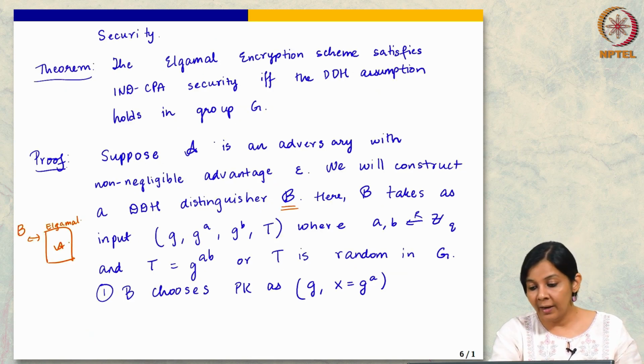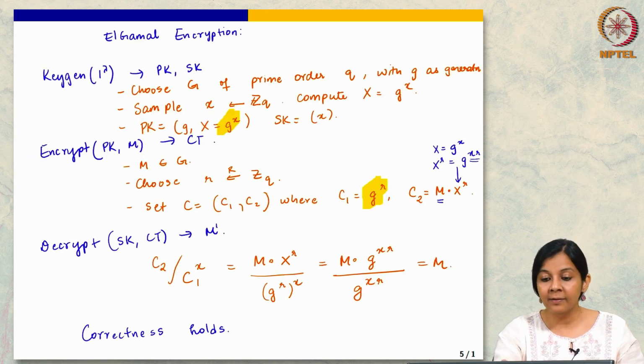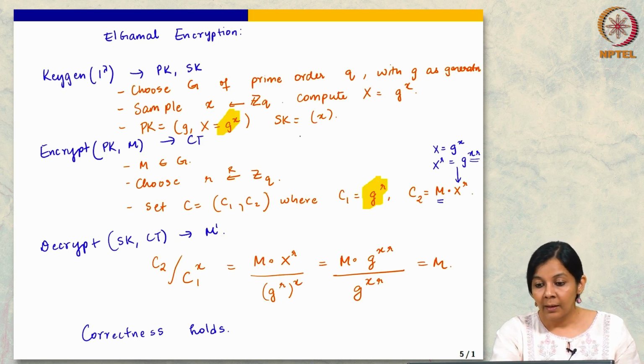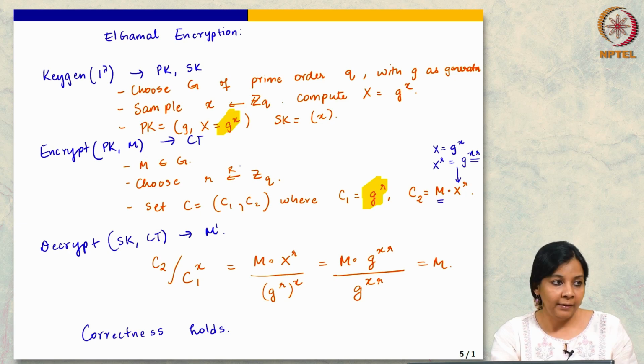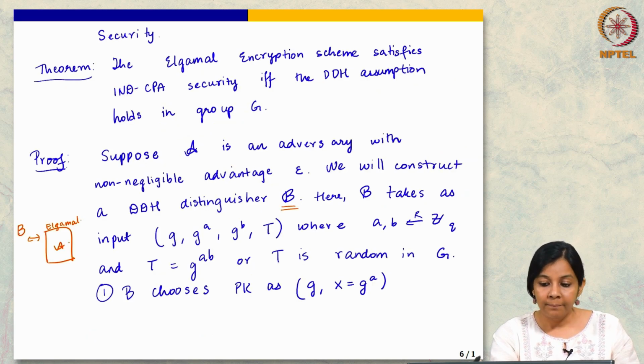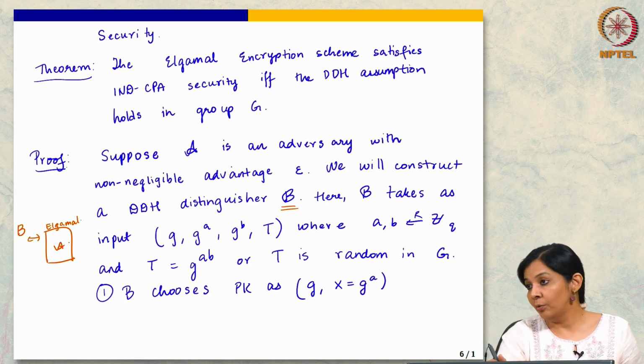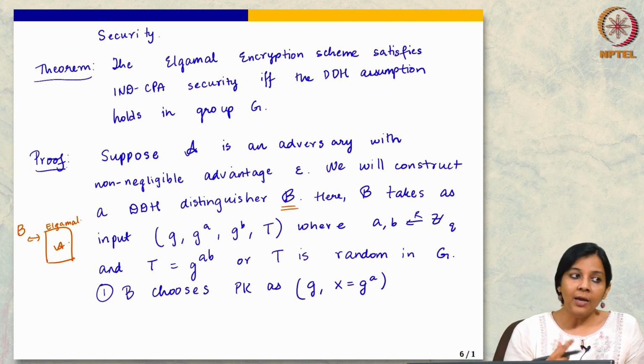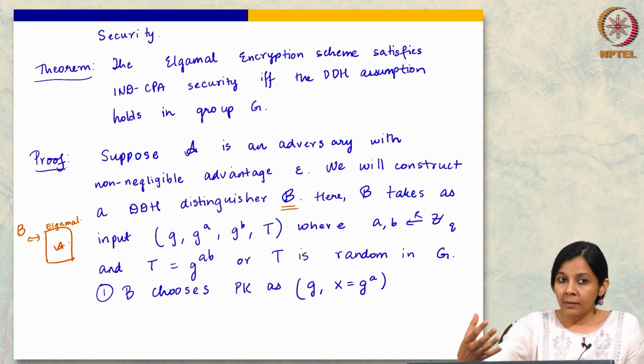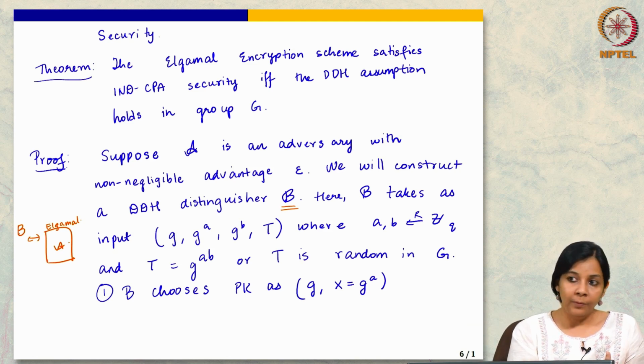Now, note one very important thing in the real scheme that we saw. The key generator also knows the X, it knows the secret key. But here B does not know the secret key, and this is crucial, because I want to use the attacker to solve a hard problem which I do not know how to solve otherwise.